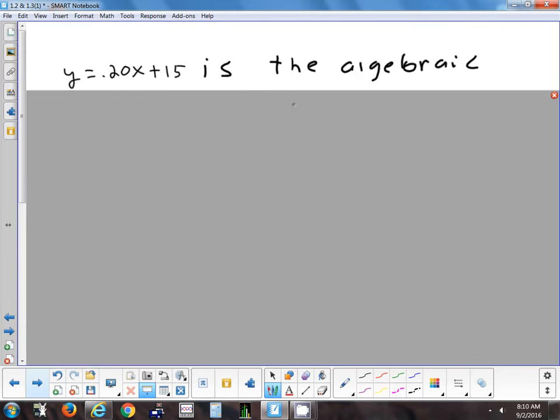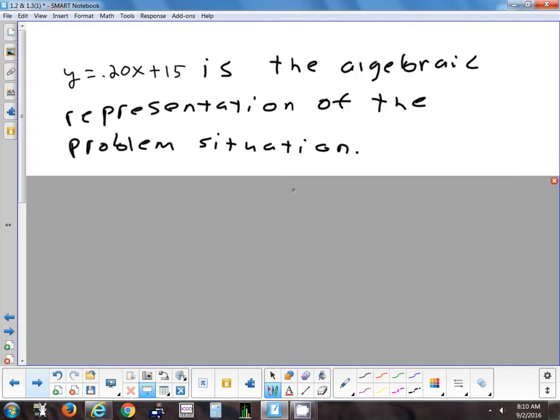So that formula we came up with, what our book is going to call it, is the algebraic representation of the problem. If I were to just give this to somebody and not say anything else, they would have no idea what that is. They would not know that it's from a problem about a rental car where you pay 20 cents a mile to drive it.